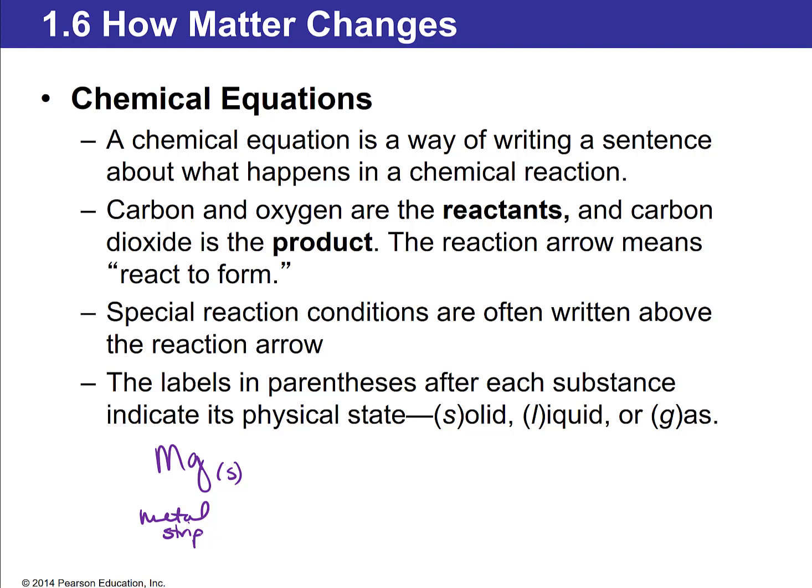So I lit a match and put the flame to it. And it's the oxygen in the air that reacts with it. And it made magnesium oxide. It made that little white ashy solid material that's left in the dish.